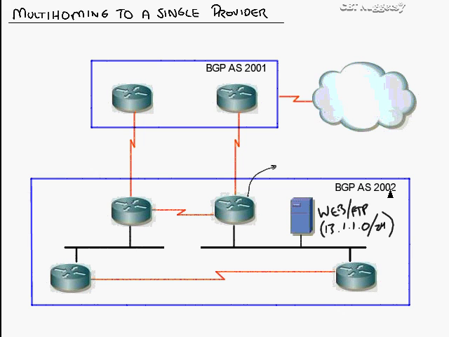I'm just going to go under there and type in network 13.1.1.0, followed by my mask, a 24-bit mask. That will allow this router to advertise the 13 network to this internet service provider router, and that will update its routing table. Now, what about over here?